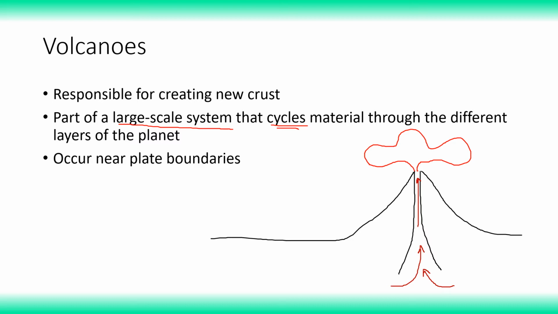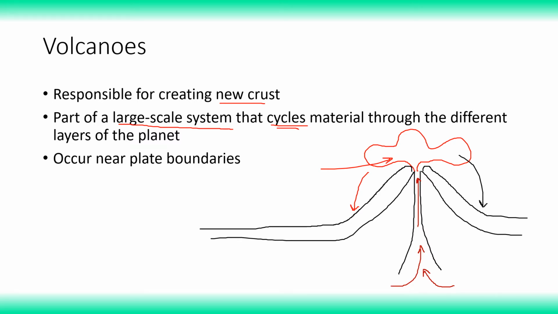We'll talk about that a little bit more, but it is responsible for creating new crust, because as this magma cools, when it lands on the surface and it cools, it hardens and forms igneous rock. We'll talk about igneous rocks more later on in the year, and then eventually, the volcano gets bigger, or the area around it gets covered in this new layer of crust that's formed from the magma that lands and then cools to form this rock.